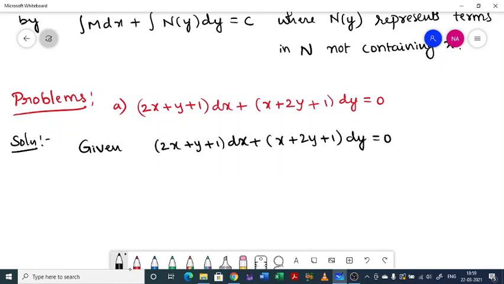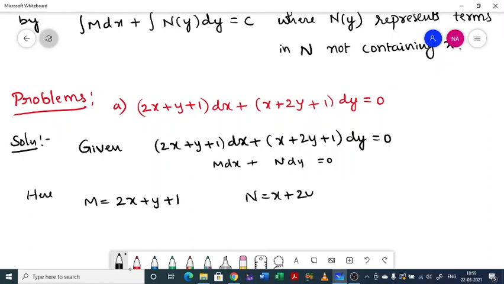Comparing this with M dx plus N dy equal to 0, you can observe that M equal to 2x plus y plus 1, N equal to x plus 2y plus 1.